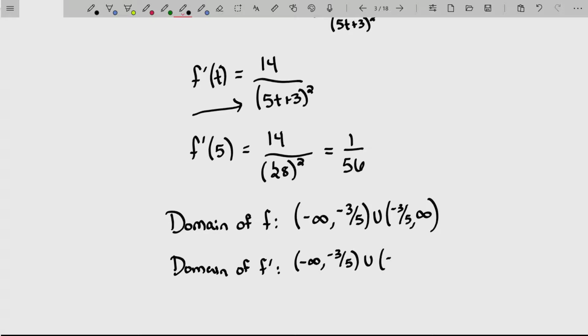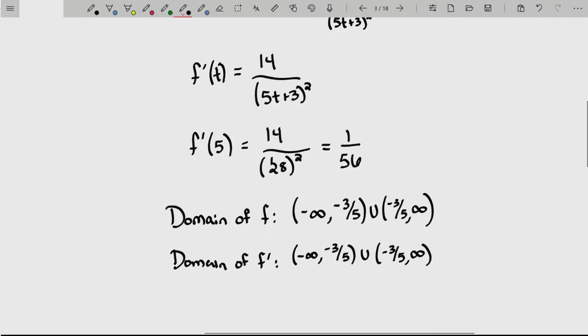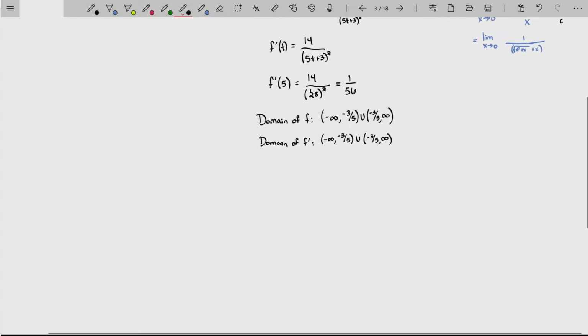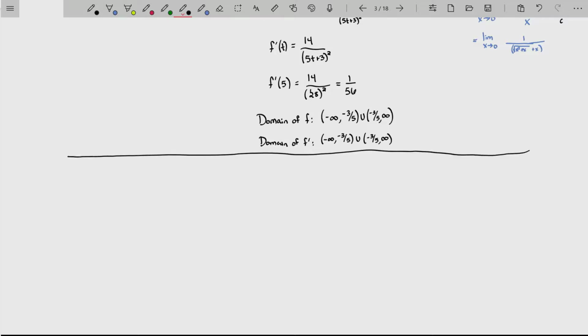But I do want to state here that that will not always be the case. The domains of f and f prime are related. I promise you that. They're totally related. But there's a very simple example to showcase what happens to the domain of f prime every once in a while. So rather than going to a theorem next, I'm going to go ahead and just create a sub-example right now.